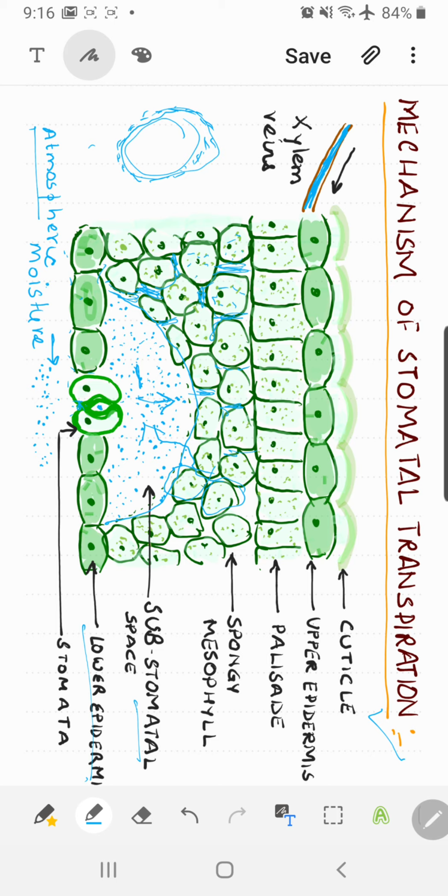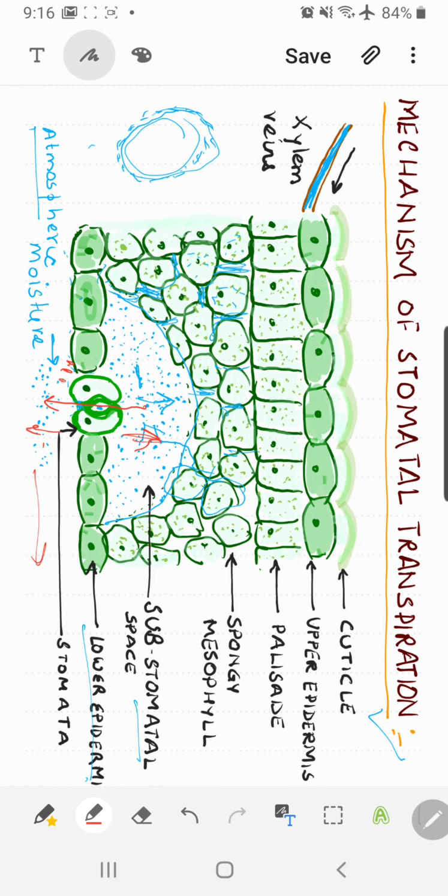And since stomata are open, in that case the water will move from the stomata from higher concentration to lower concentration. This is how water vapors are lost through transpiration. But children must understand that immediately these water vapors don't start traveling in the atmosphere.